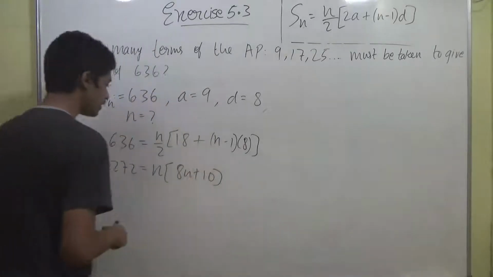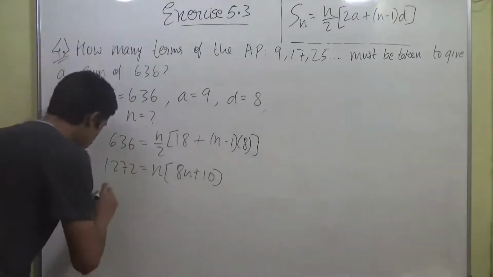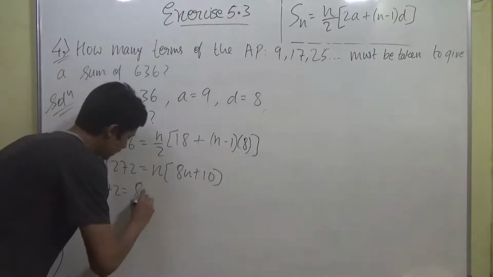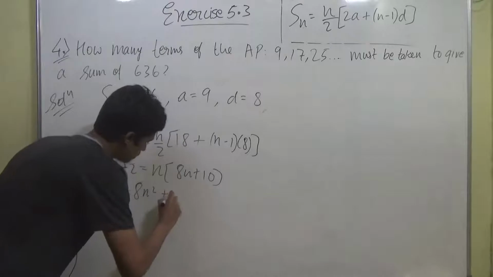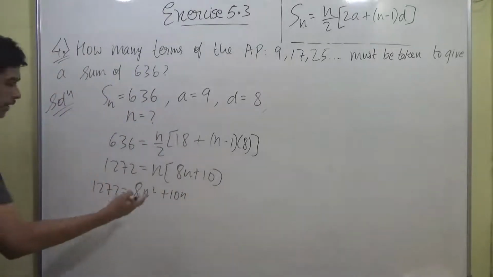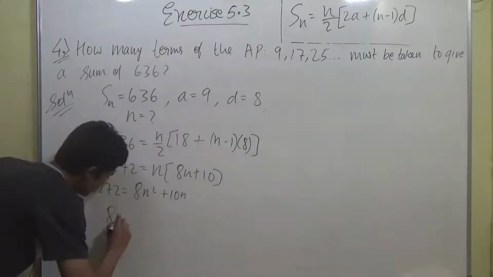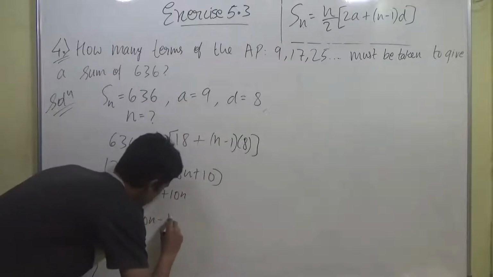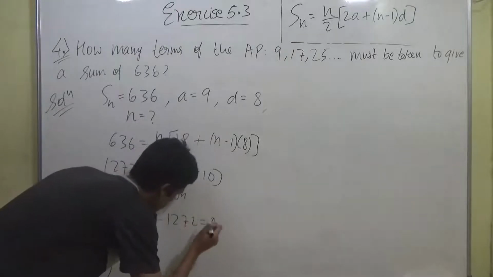That is n into 8n plus 10. Now I'll open it up. It's going to become 1272 equal to 8n square plus 10n. Now I'll bring this 1272 to the other side. It's going to become 8n square plus 10n minus 1272 equal to 0.